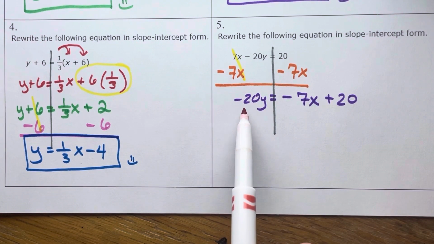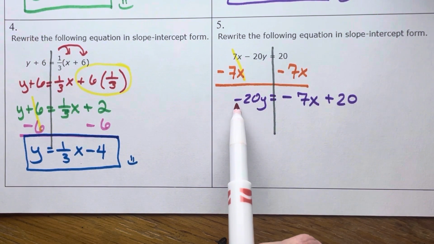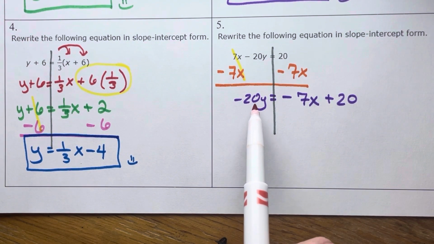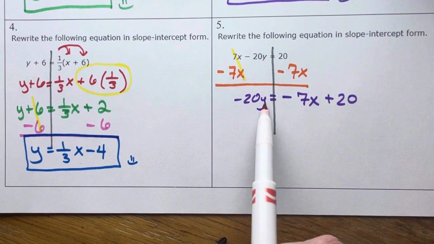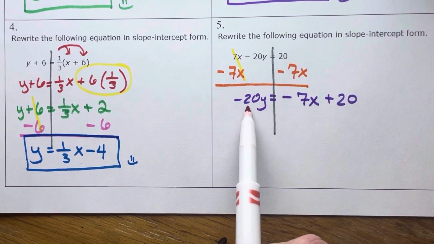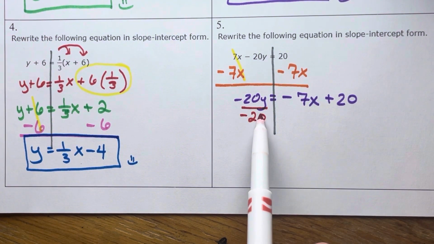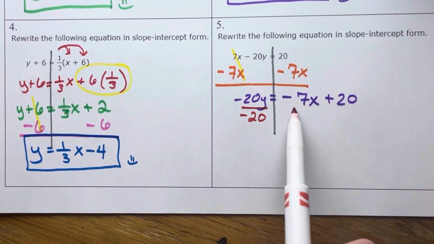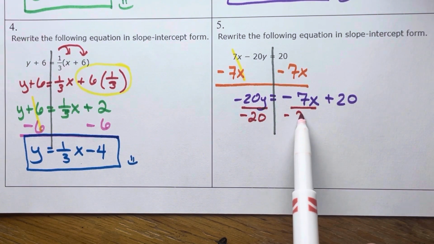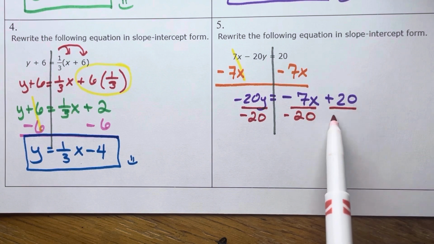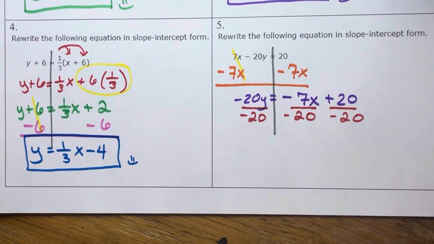Since I have a coefficient in front of the y, our negative 20, a coefficient is always multiplying to the variable that it is in front of. And the opposite of multiplying is dividing. So every term, 2 in this case, on the right side of the river is going to be divided by the negative 20.